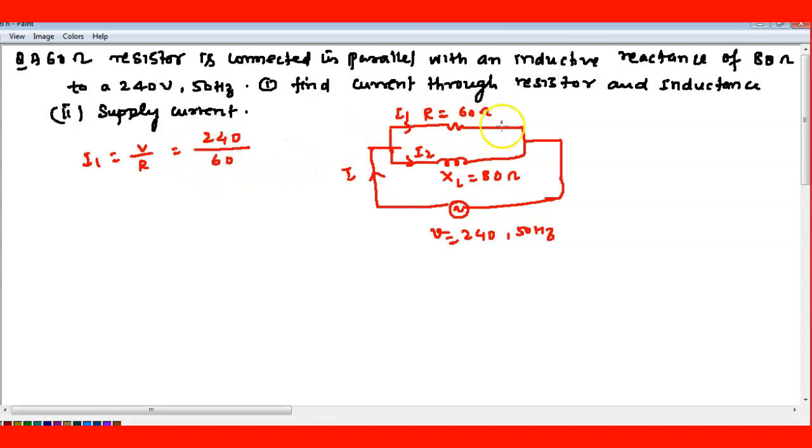There is no impedance or anything else here, so I will do it with both methods and you can see which one is easy. So this is 4, right? 4 ampere. Next, tell me for I2. I2 is equal to how much?